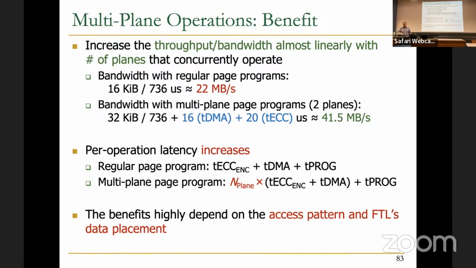It's a bit misleading, honestly. But let me decode it. Instead of 732 here, you can consider that you have 700 plus twice TDMA, twice TSCC. Is that correct now?